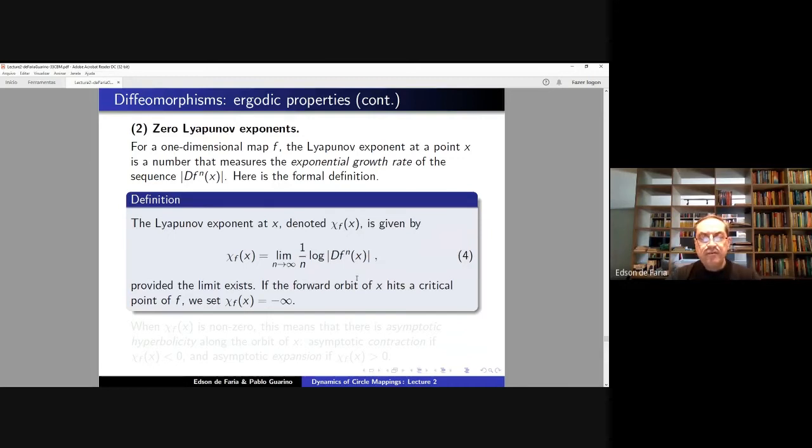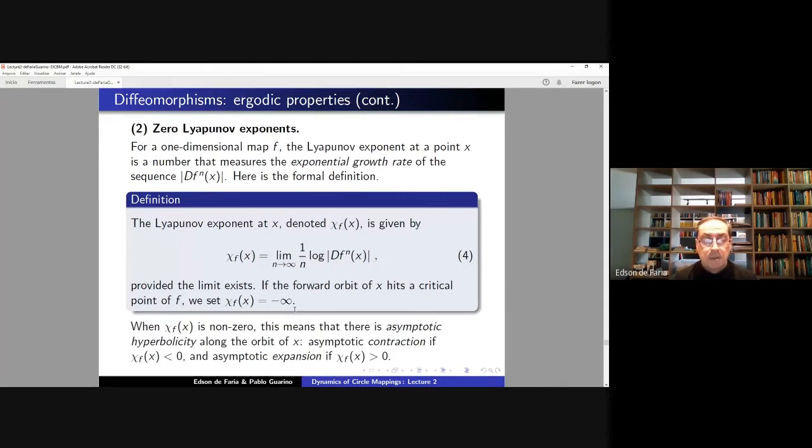But we're dealing with diffeomorphisms here in any case. When the forward orbit of f hits a critical point, then we just set chi sub f of x to be equal to minus infinity, because you're going to get log of 0, which you would think of as being minus infinity. Now, we're just interested in the diffeomorphism case anyway, so this is not going to happen.